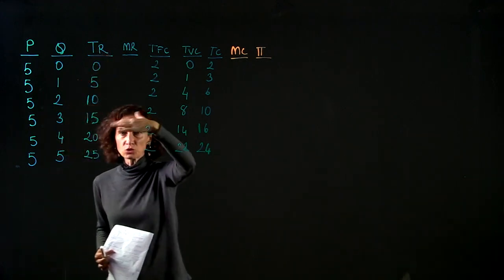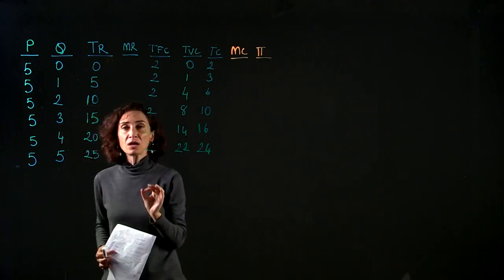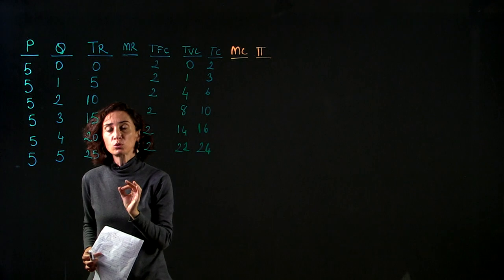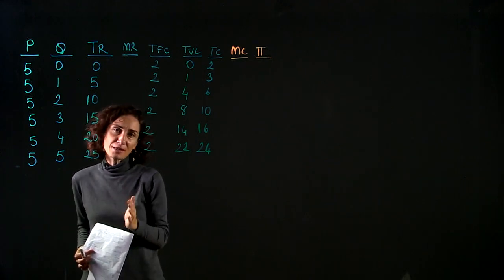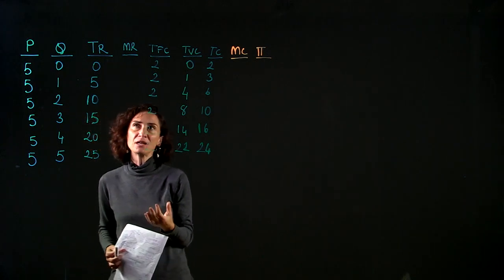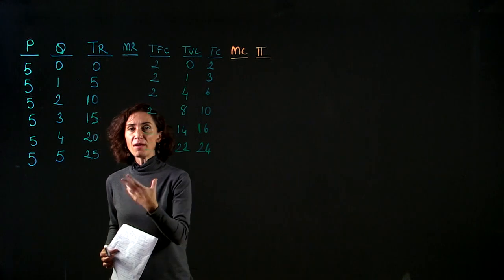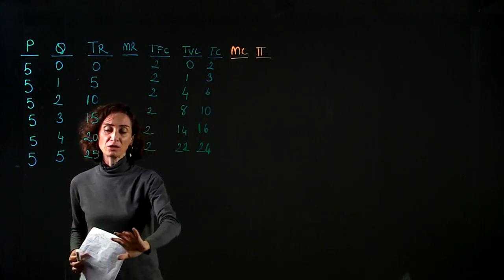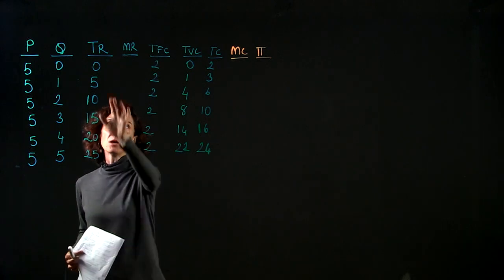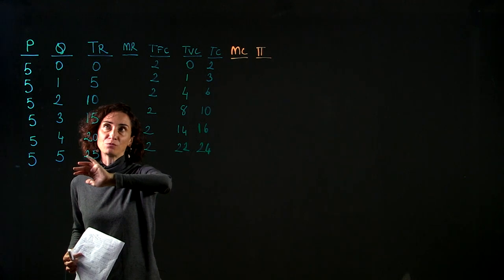I will not draw this, but I want you to imagine how a total revenue curve looks on a graph. Just as an exercise, imagine quantity on the horizontal axis and revenue and costs, monetary value, on the vertical axis. You can draw a graph. What is the shape of this total revenue curve? That's the question for you.